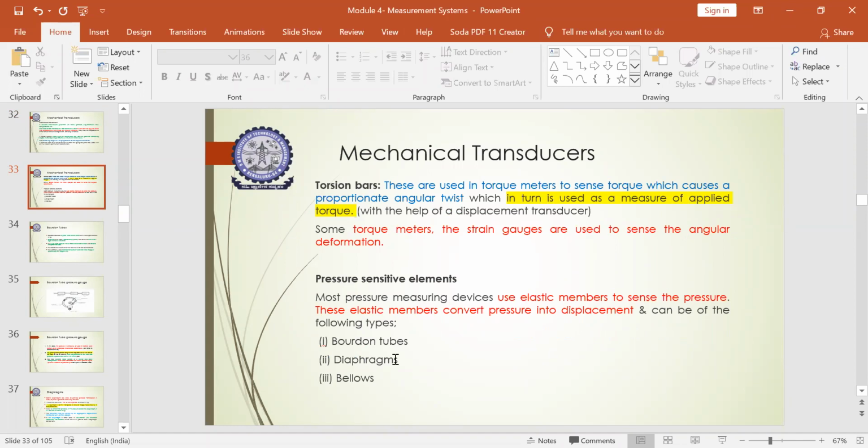In that you have three types. One is the Bourdon tube. I mentioned this when I explained transducer stage 3, right? I provided the Bourdon tube as an example and told you how it looked when it was invented. So we'll study this in depth. The second type here is the diaphragm, and the third type is the bellows.